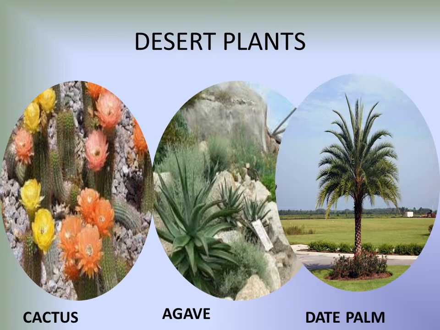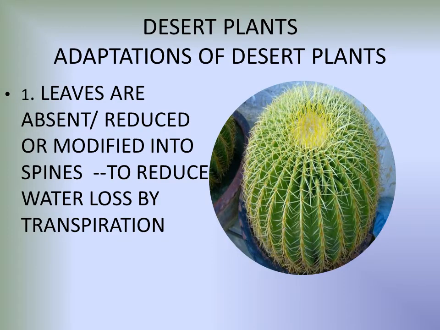We will take examples of plants as well as animals. A few examples of desert plants are cactus and date palm. What are the adaptive features of desert plants?